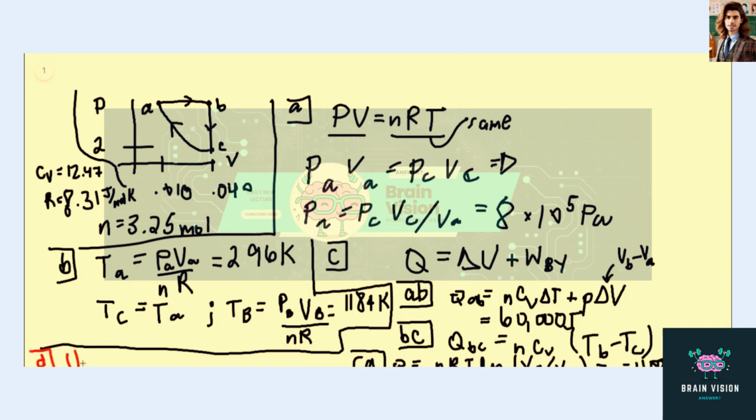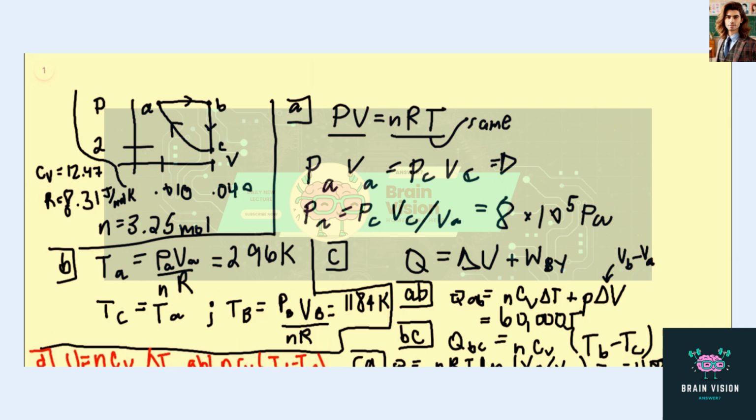We of course want to use the equation U is nCV delta T. So for AB, it's nCV times TB minus TA.